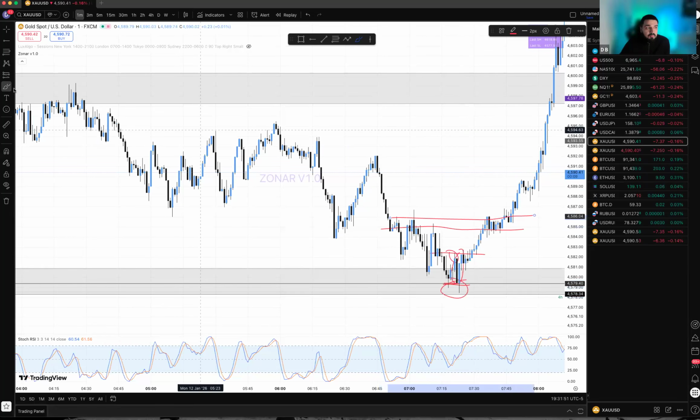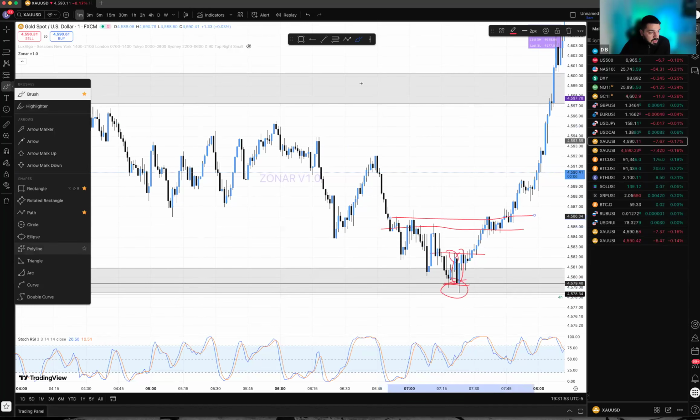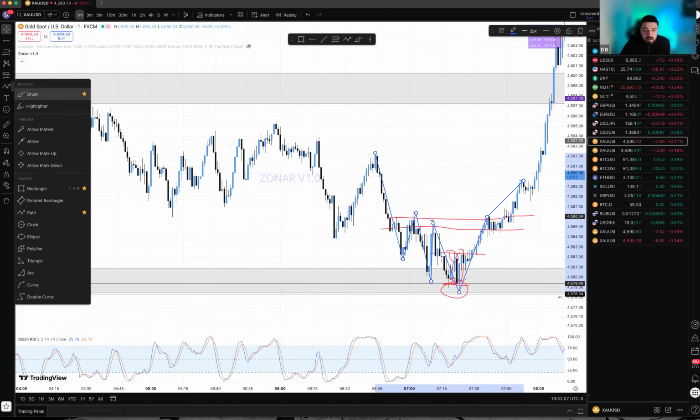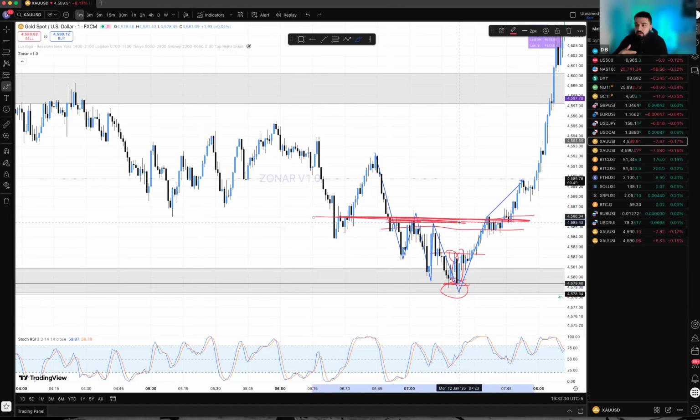Whenever the structure changes, it's called a change of character. In our scenario, we have the high, the low, the high, the low, the high, the low, and then we come back to the same high, consolidate, and break the high. You can clearly see that these highs were broken. That's a change of character.